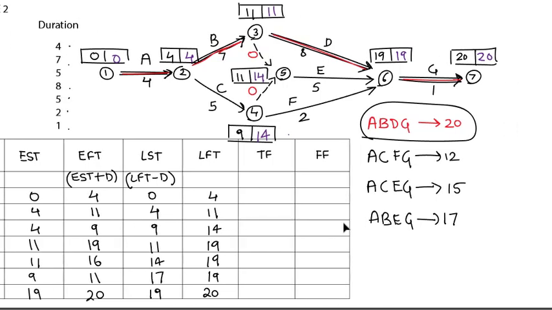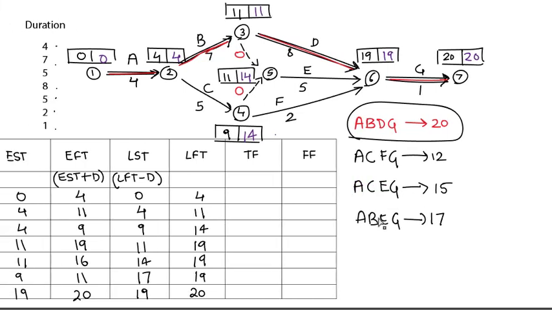So we'll keep these paths. Where do I write? I'll cover this much only. We know total float is available for the entire path. That is LST minus EST, or LFT minus EFT.